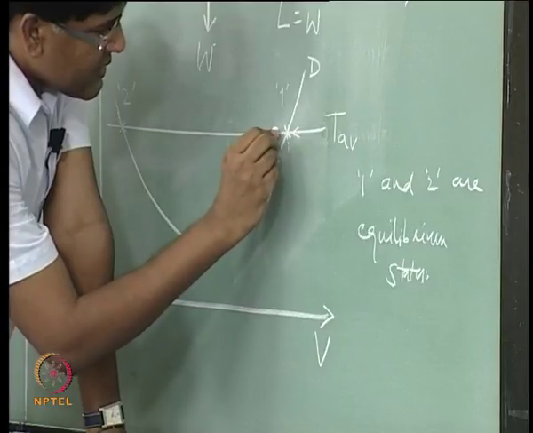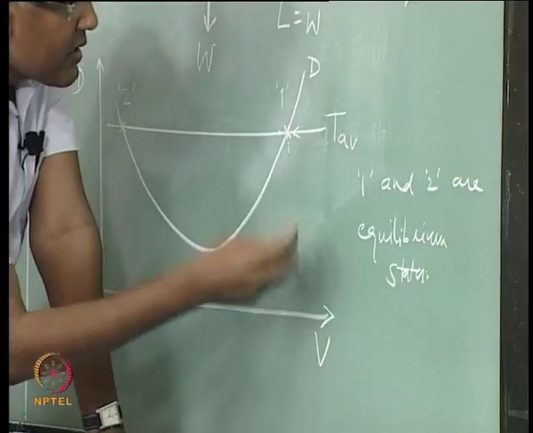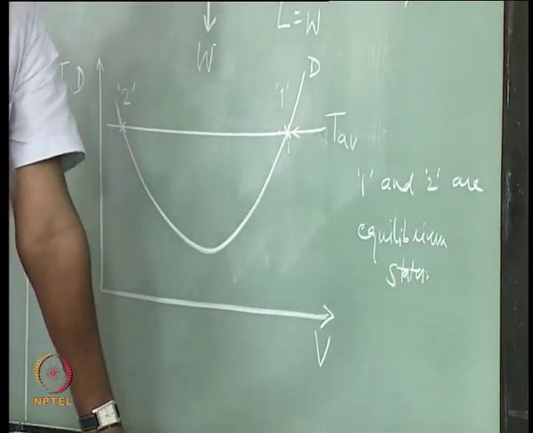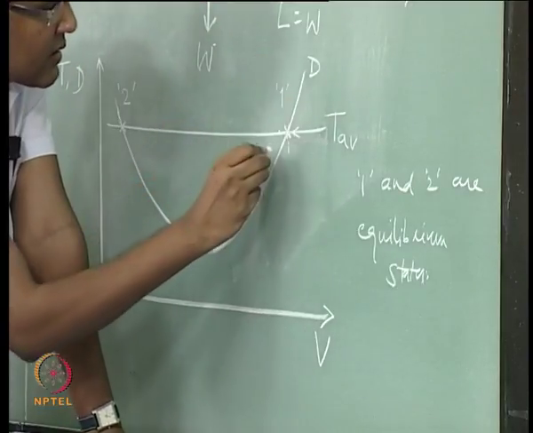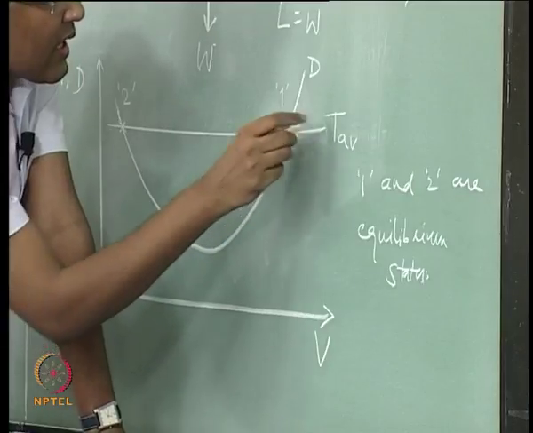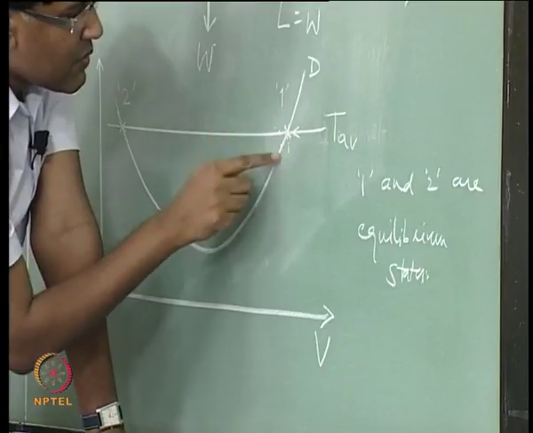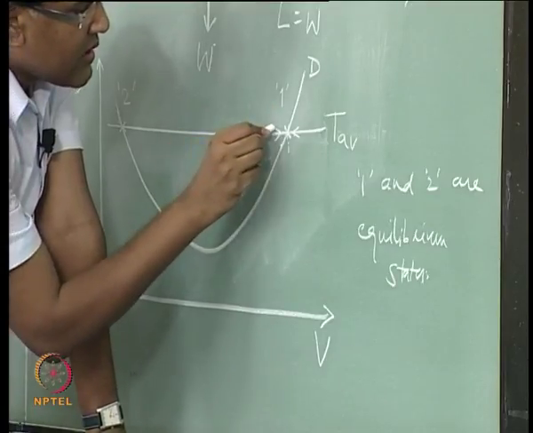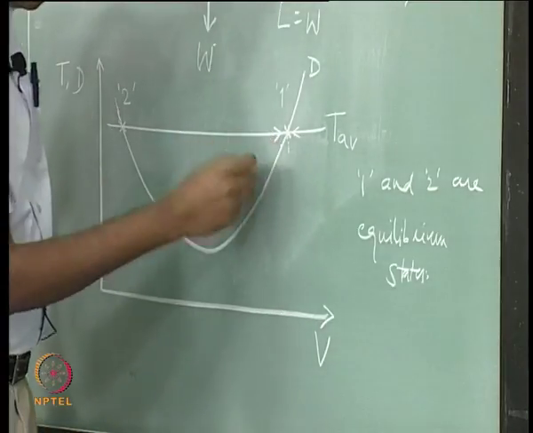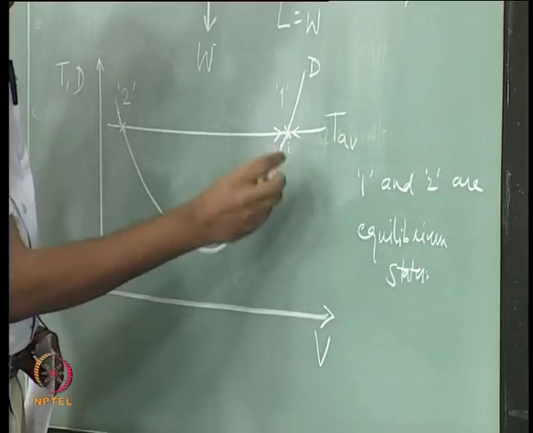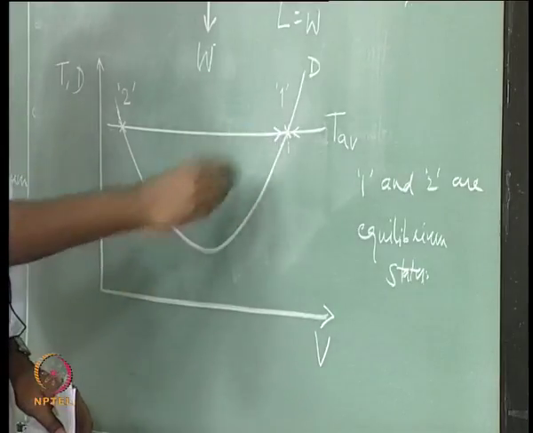Similarly, when the perturbation results in change in velocity in the negative direction, so the speed of aircraft in the forward direction is reducing, then the drag goes down and the aircraft will accelerate because thrust available is more than the drag now. So, let us put an arrow like this. So, in both situations we see that the tendency of the aircraft is to come back to this equilibrium state.